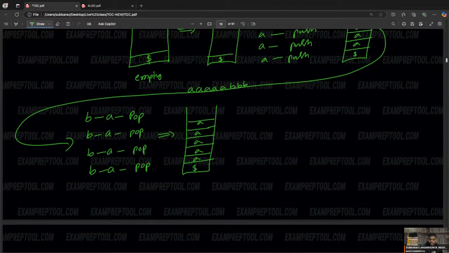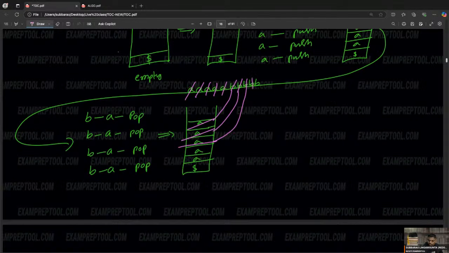A's are completed. Now see, B coming, top of the stack is A, pop. B coming, top of the stack is A, pop. B coming, top of the stack is A, pop.